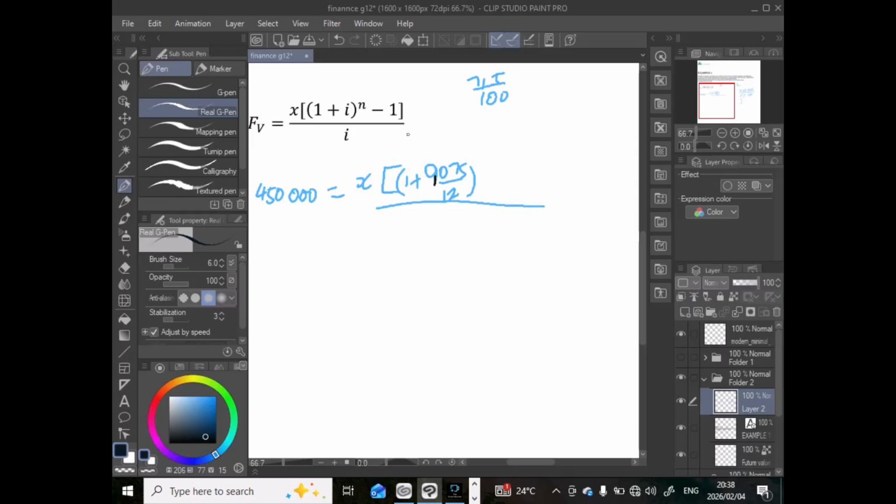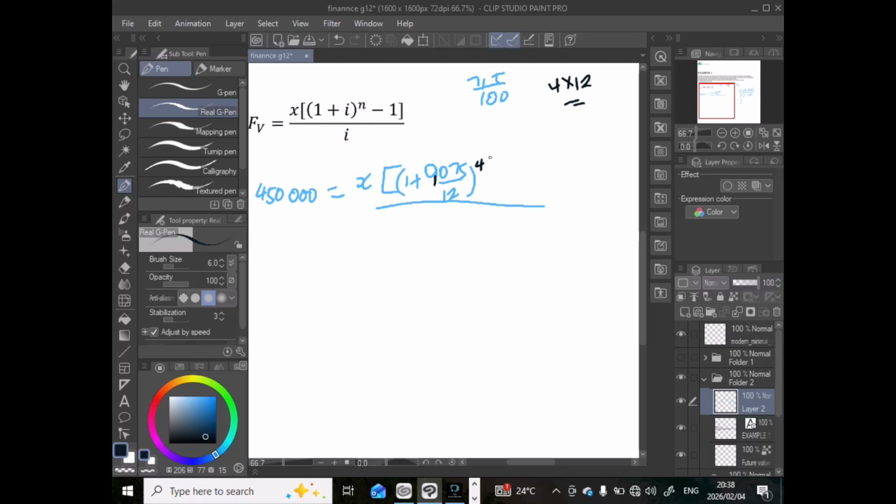And to the power, and remember now, n, we will be investing each and every month for 4 years. So it's 4 times 12, which will give us 48.